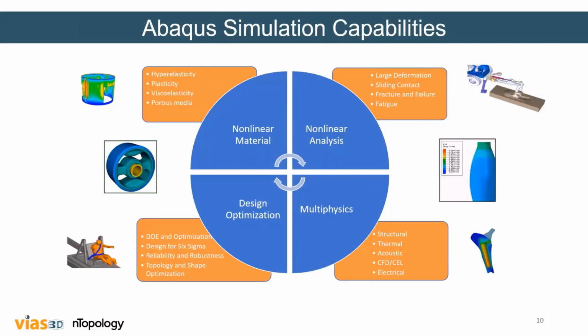We perform a lot of design optimization and reliability studies. And of course, it can interact with other software, and also within Abaqus, there are some multi-physics capabilities available. So you can do thermal structural or thermal fluid kind of simulation or soil structure interaction. This is showing that with adding all this complexity, at the end of the day, we will have high confidence. Of course, your model has to be verified and validated.